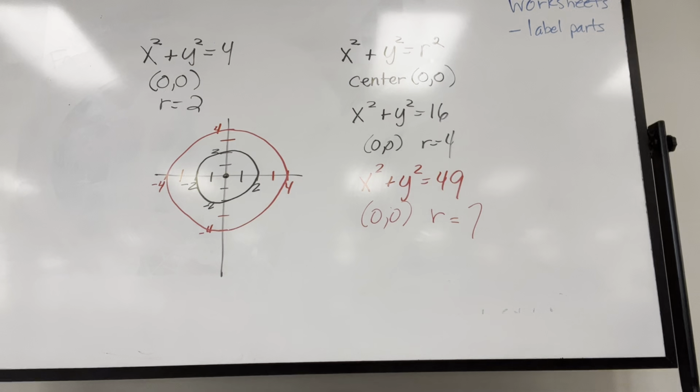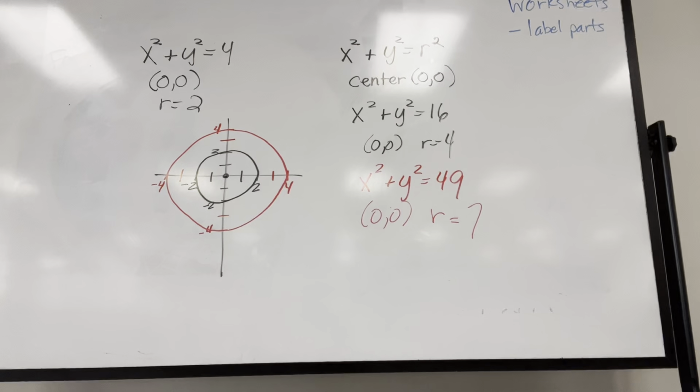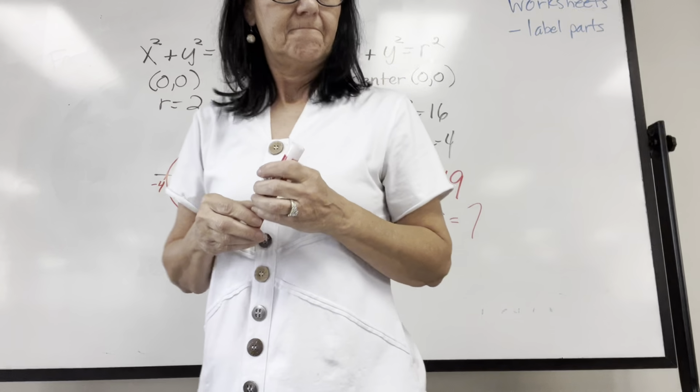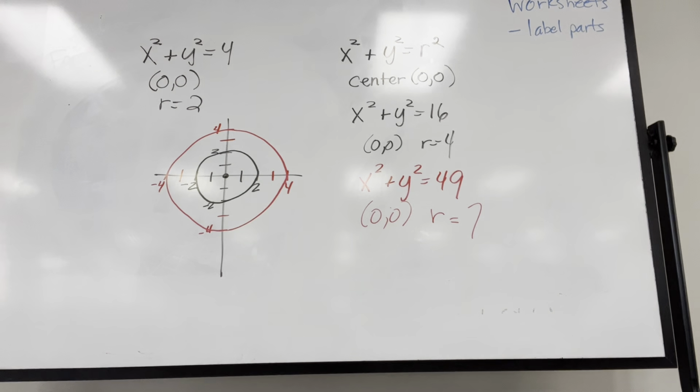So x squared plus y squared equals the radius squared? Yes. Okay. That's our formula. That's the formula. Until we move the center from 0, 0. Put some numbers on your graph.